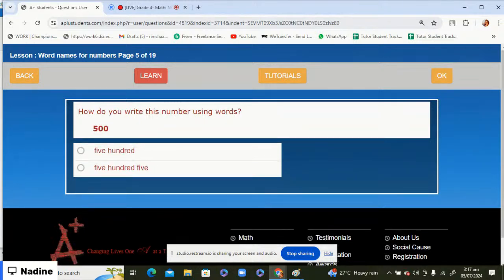Okay, solve this one. How do you write this number using words? What is the right one? It's 500. That is 500. So what are the spellings for 500? Do you all know the spellings of 500? Everyone can write down on their notebook and then tell me the answer, okay, in the chat.